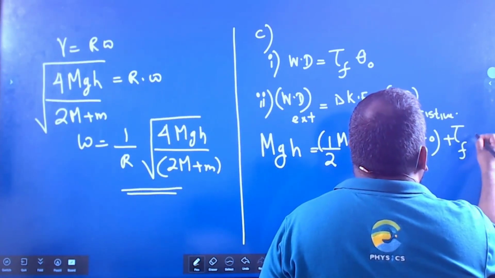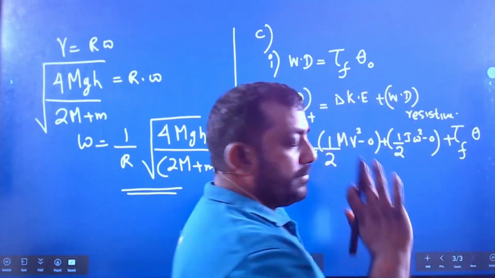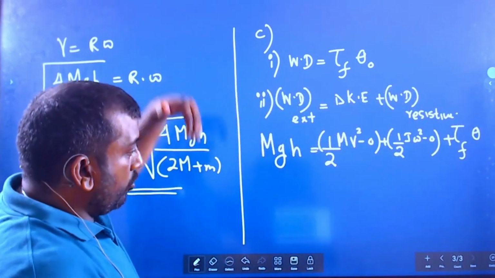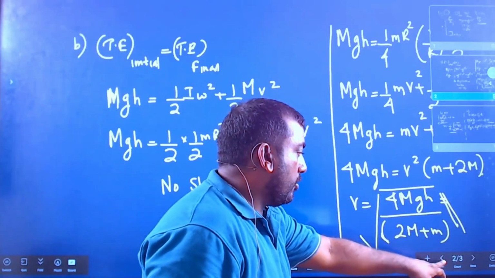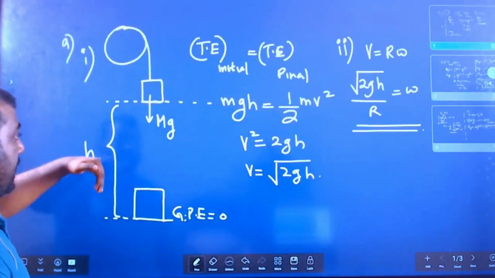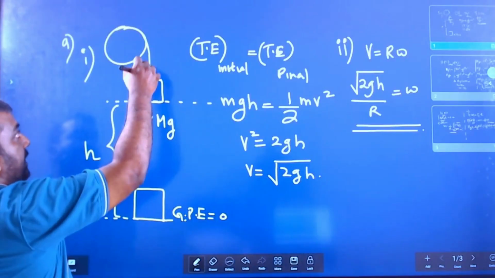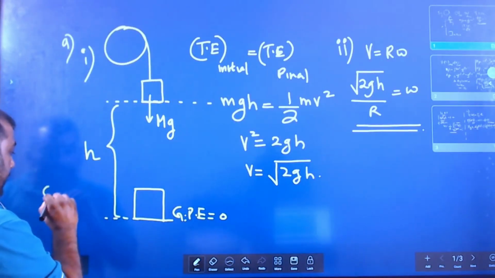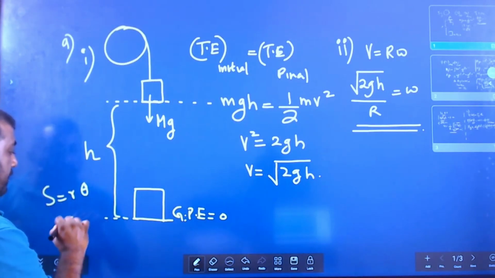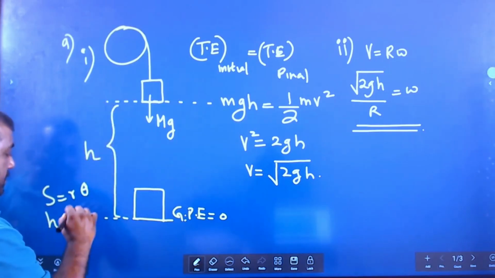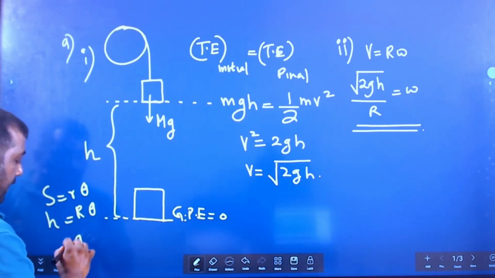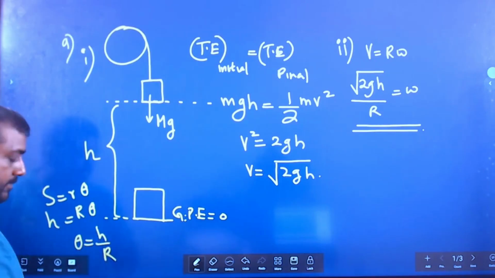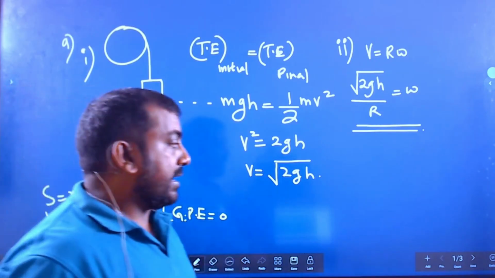Work done by frictional torque is torque into theta. Now be careful. I'm moving down a distance h. Look at the board. So the length here is going to be h. I can apply S equals r theta. Length is h, radius r, theta is going to be h over r. The pulley will rotate by h over r.